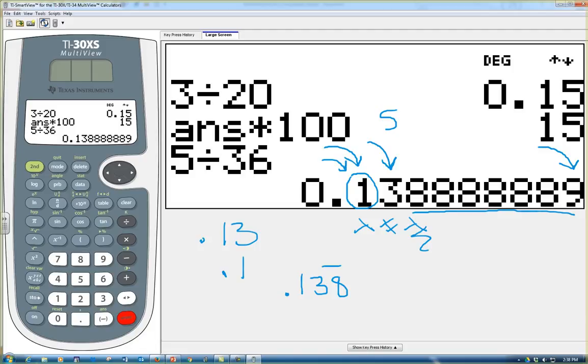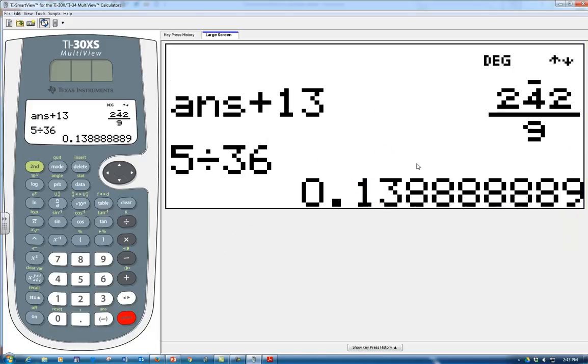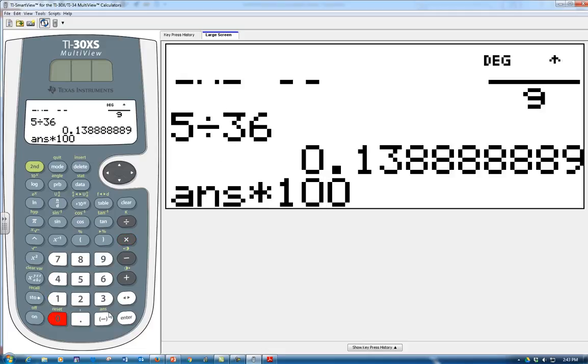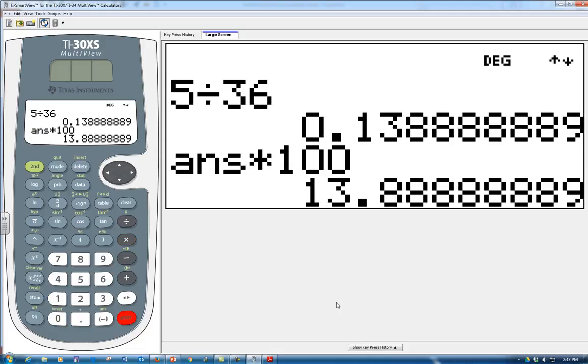Now, if you wanted to put a percent, you would still multiply by 100. And this is where it gets a little tricky. If it asks you to do some rounding, you could round and you could say 13.9%. But your book is not going to ask you to round. It's going to ask you to give the exact percentage. So you need to remember that this is 13%.